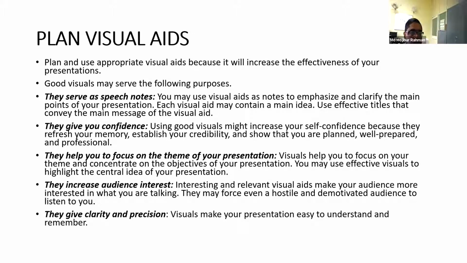Nowadays, we are using the computer, PowerPoint, to show these things. But sometimes we give it in the form of handouts, or we can present it through poster also.